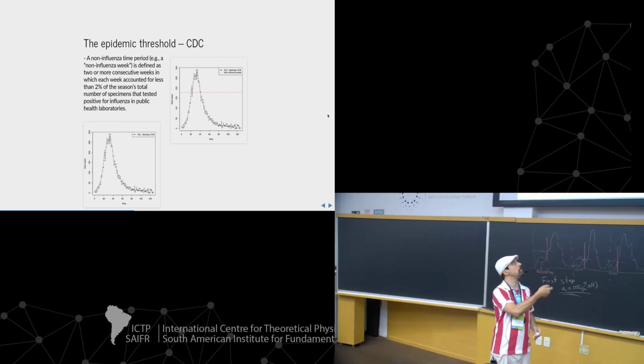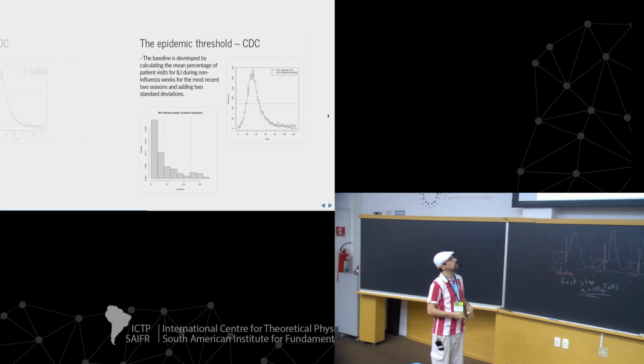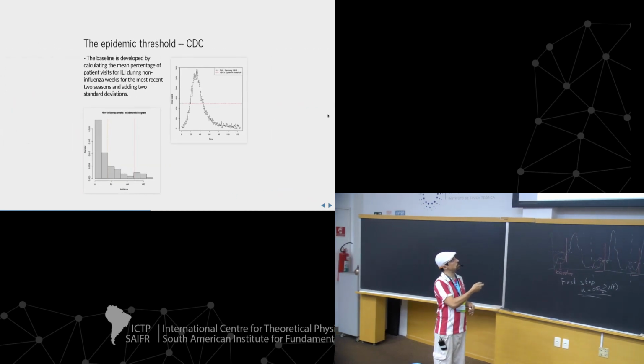So this is why my first step is a gross approximation far away from what I actually want to establish as the epidemic threshold. The idea is just to have a large enough distribution of cases outside the peak and look at the distribution of that and to establish what is the aberrant or outlier observations.